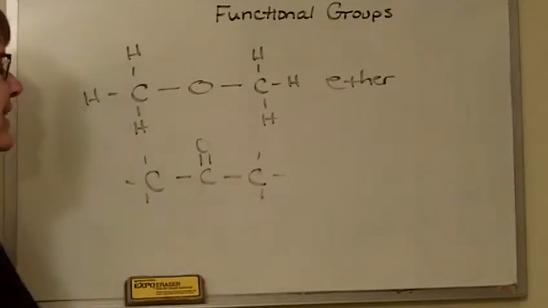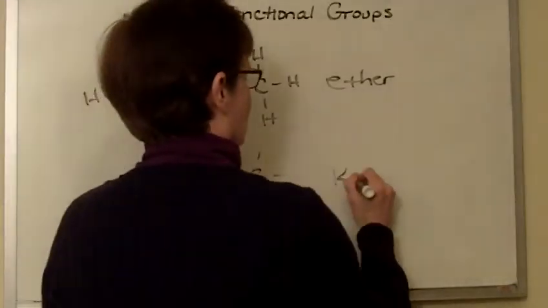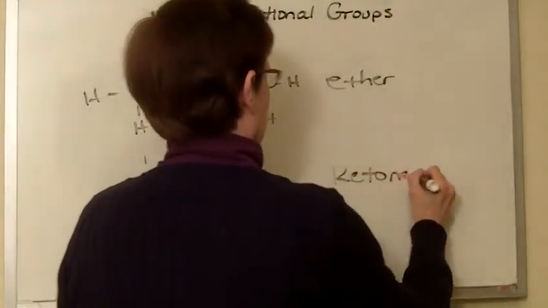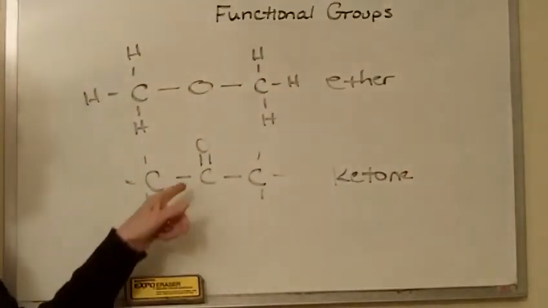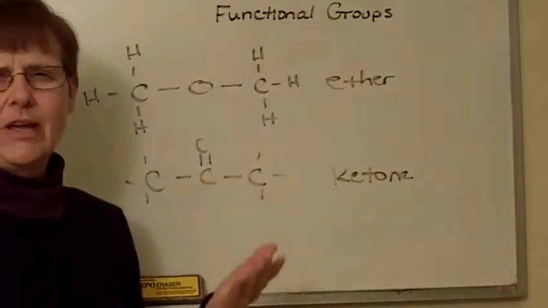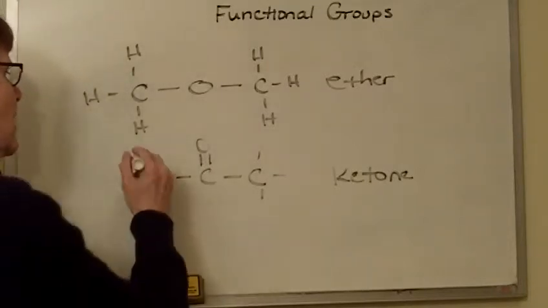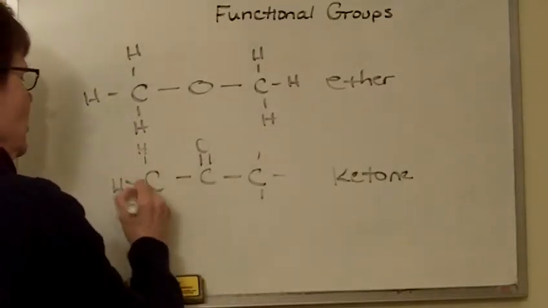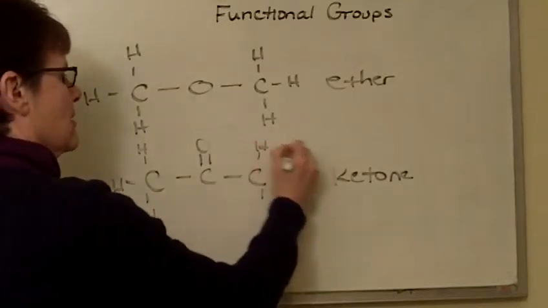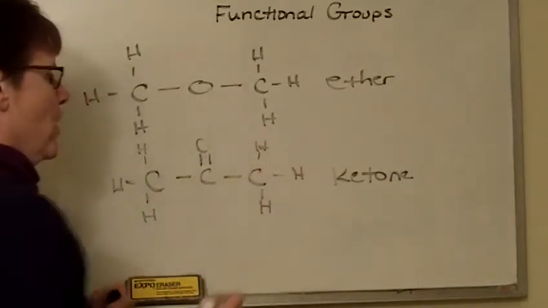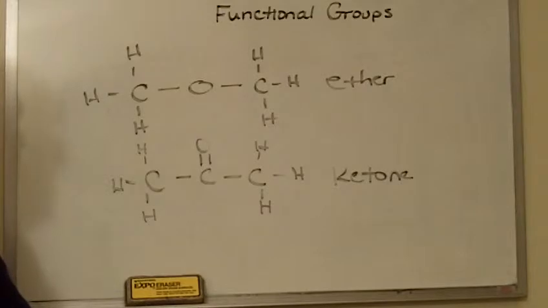So this is called a ketone. This particular one is called acetone, so something, again, that's maybe fairly familiar. We've used it a few times in class. And you can make these carbon chains any length you want, but that's still going to be called a ketone.